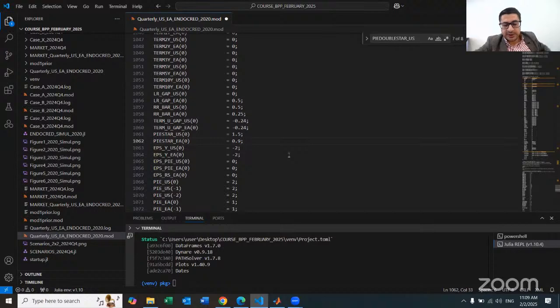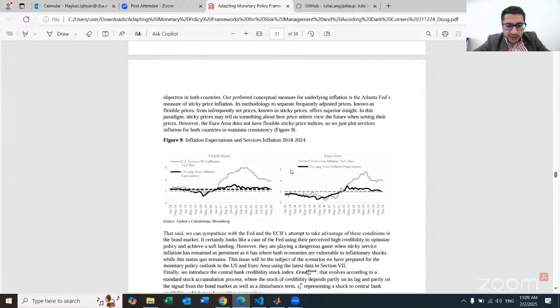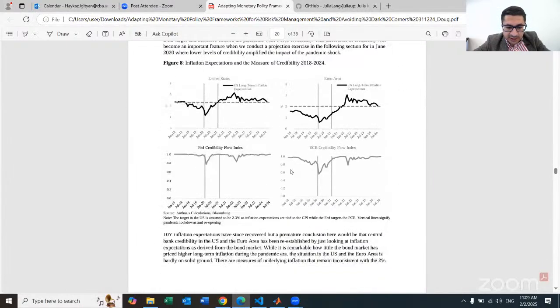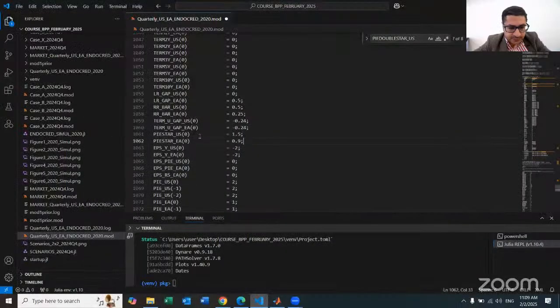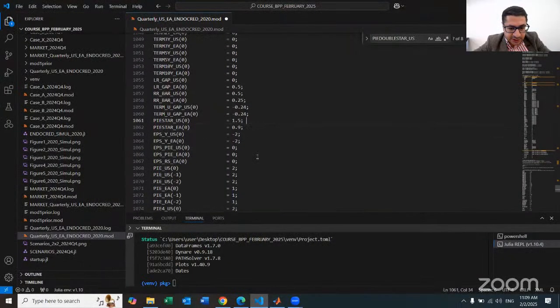At that period, looking at this analysis of the US long-term inflation expectation, and for euro area, they were significantly below the long-run inflation target for euro area, around 1, and a bit lower for US, like around 1.5, if we put here at the initial conditions.